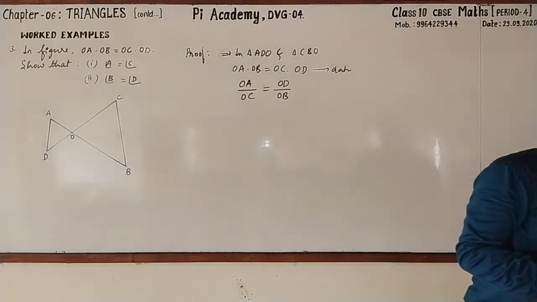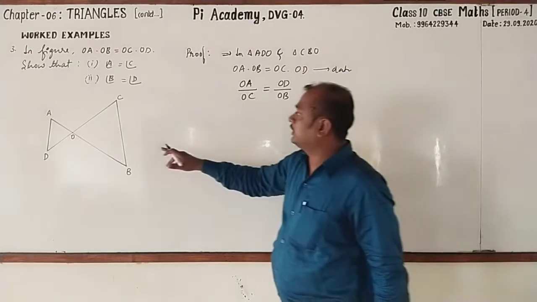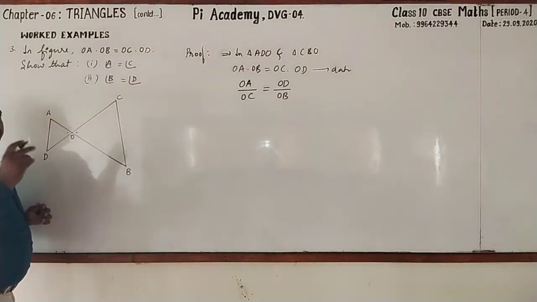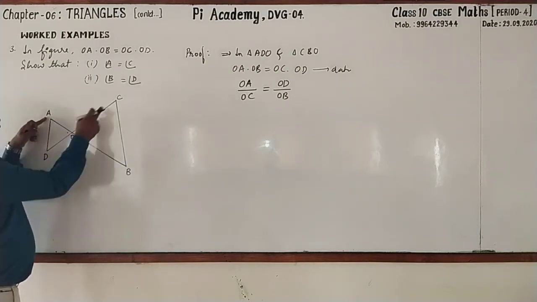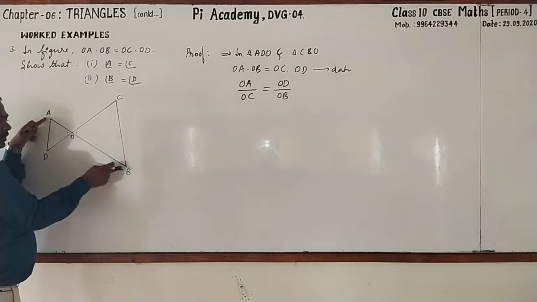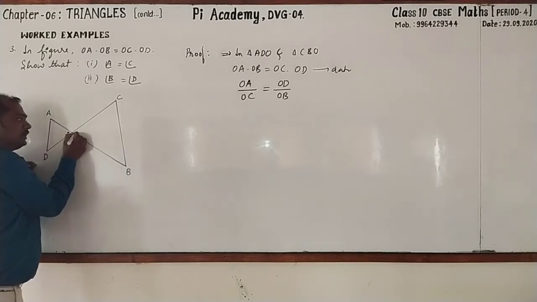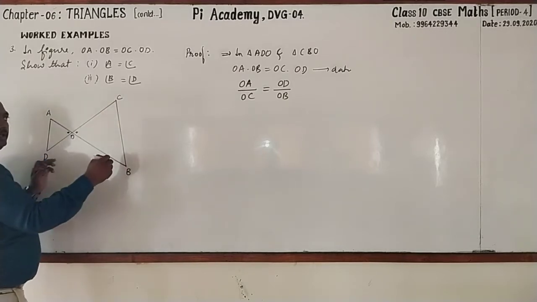Next, they have given one more piece of information: as these lines intersect, we get a pair of angles. What are these? Vertically opposite angles. See that? OA by OC equals OD by OB. Then their included angles are AOD and COB.